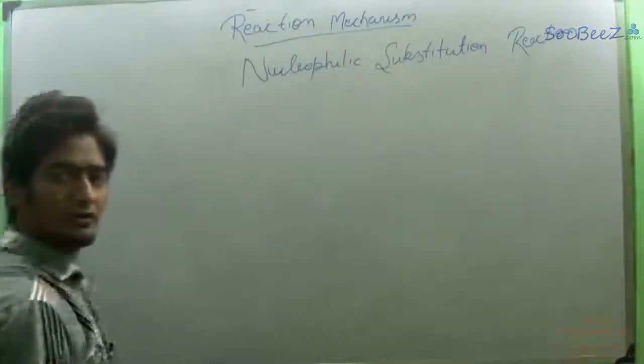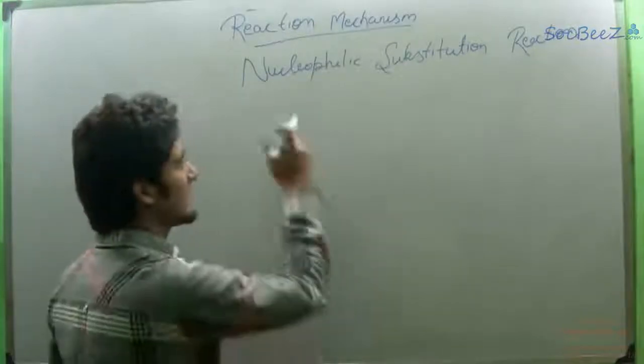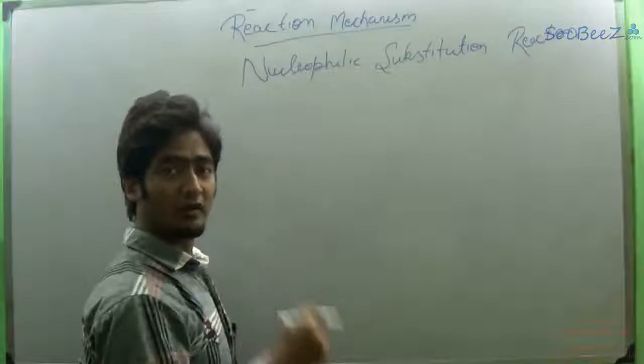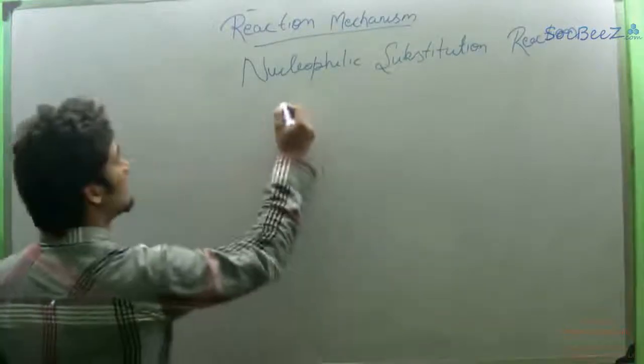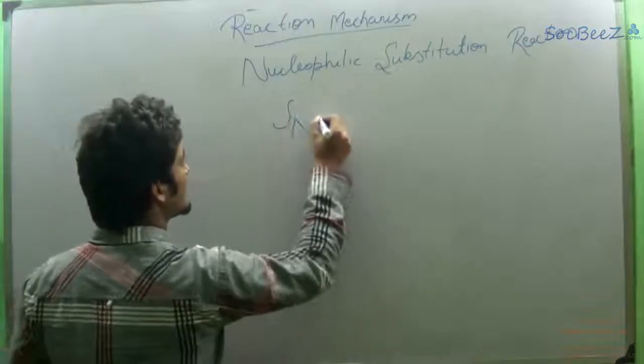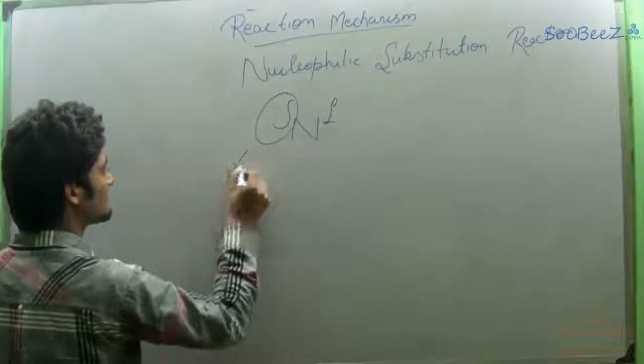What is a nucleophilic substitution reaction? Nucleophilic substitution reaction is a reaction in which an atom or a group is replaced by another atom or a group. For example, in an SN1 reaction, this S stands for substitution.